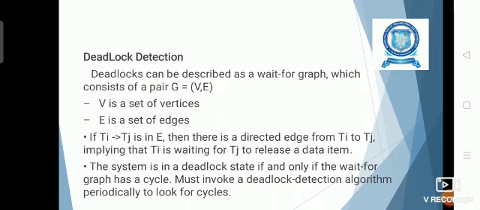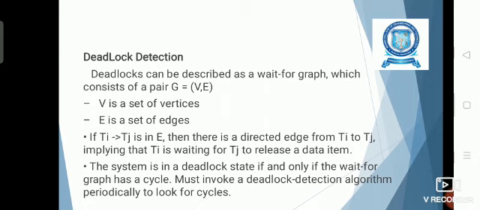Now let us move to the next topic, deadlock detection. Deadlocks can be represented with a graph called the wait-for graph, which consists of a pair G = (V, E), where V is the set of vertices and E is the set of edges. Each edge is of the form Ti to Tj.